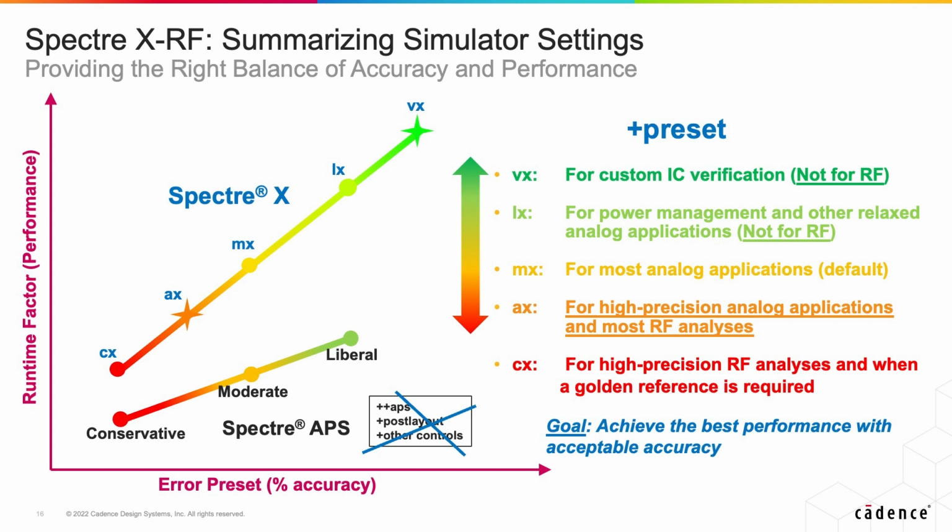We have slides that will talk about that. But for Spectre X, you do not have to explicitly ask for post layout optimization. If you have chosen AX as your preset, we will by default choose AX for post layout optimization for you. If you want to choose something else, you can do it on your own.